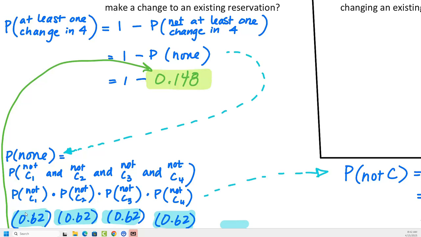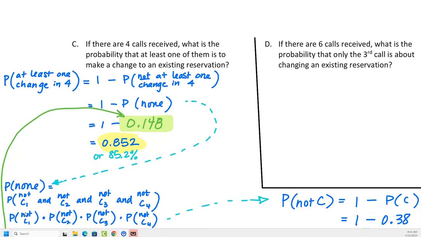So this is equal to 1 minus that 0.148, which gives me 0.852. And that's actually the answer to this problem. I'll highlight it in yellow, right? Or we could say that that is 85.2% chance, right, that at least one of the 4 phone calls will be to change an existing reservation. So most of the time, right, they can expect to get a change to an existing reservation.